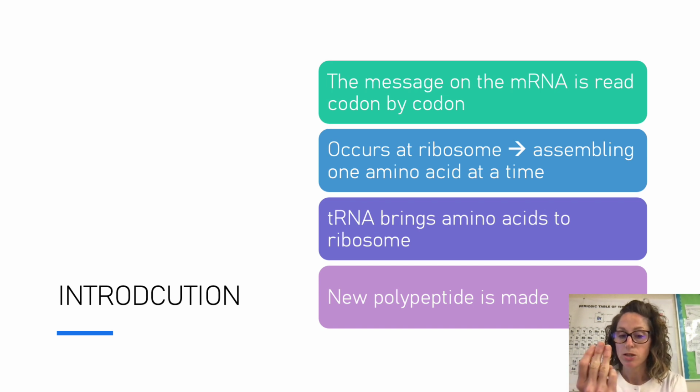And remember, this is those 3 letters, and that would be RNA letters that are going to specify for different amino acids to be added to a growing polypeptide. This is done at the ribosome, and this is the assembling one amino acid at a time as one codon is read at a time. Who brings these amino acids? tRNA brings the amino acids to the ribosomes, and this is how a new polypeptide is made.